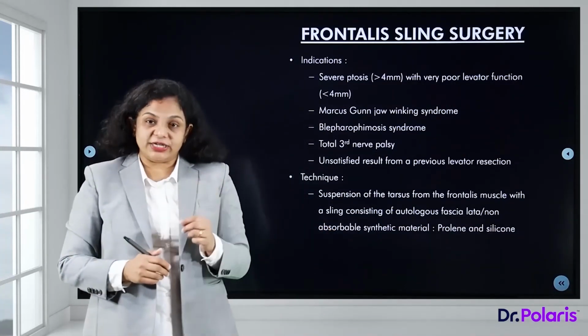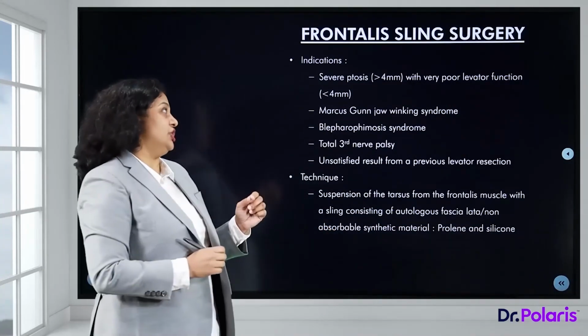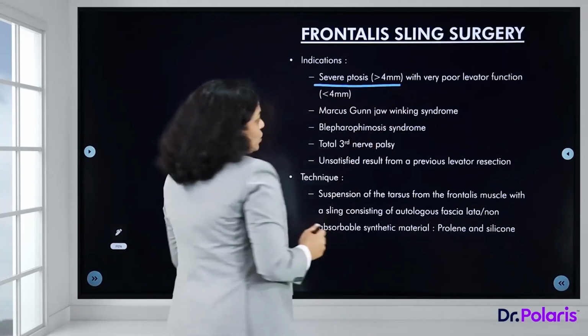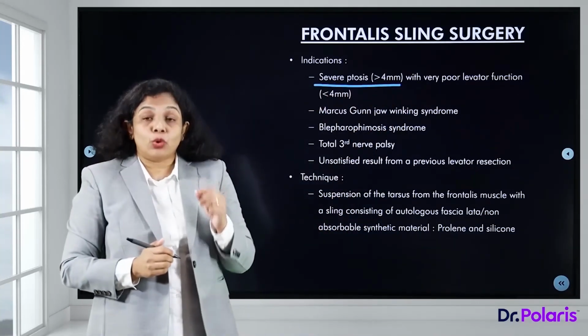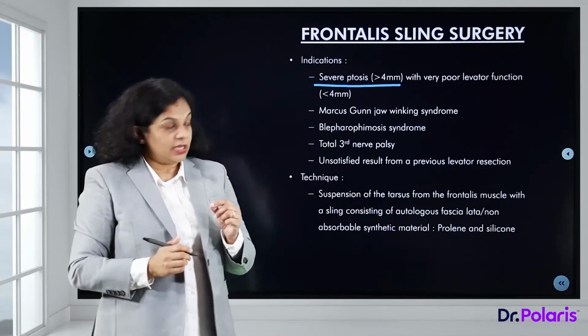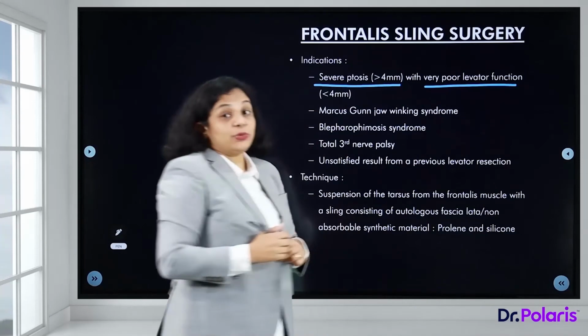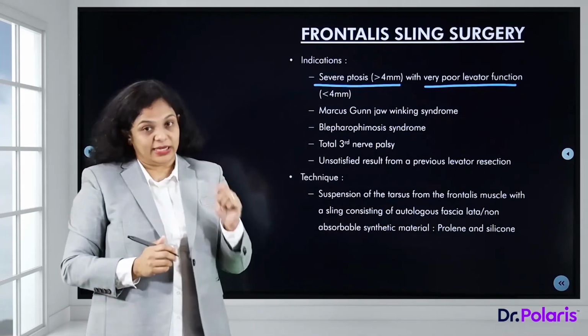Coming on to your frontalis sling surgery. Now the indications for this is if there is severe ptosis of more than 4 millimeters with a very poor levator function of less than 4 millimeters.